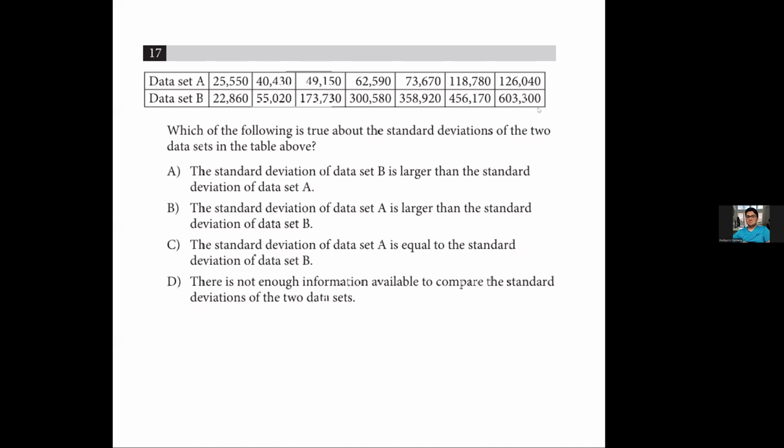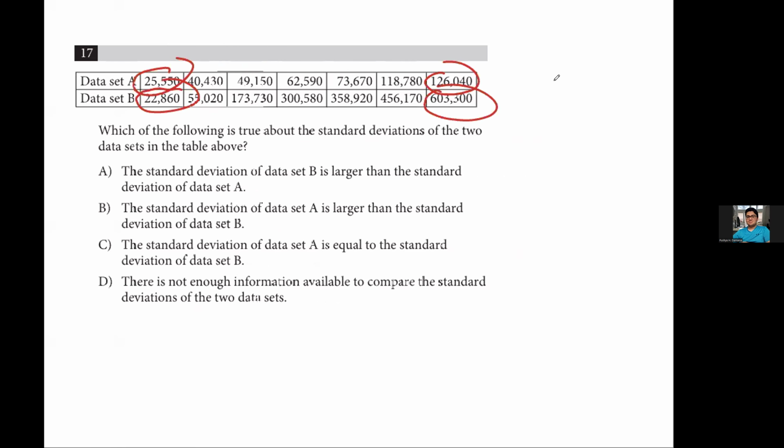So for standard deviation, we just take the largest and the smallest values and subtract them. So the largest value in this case would be 126, and the smallest value would be 25K. And for data set B, it's 22K and 603K. So data set A has a smaller standard deviation than data set B.